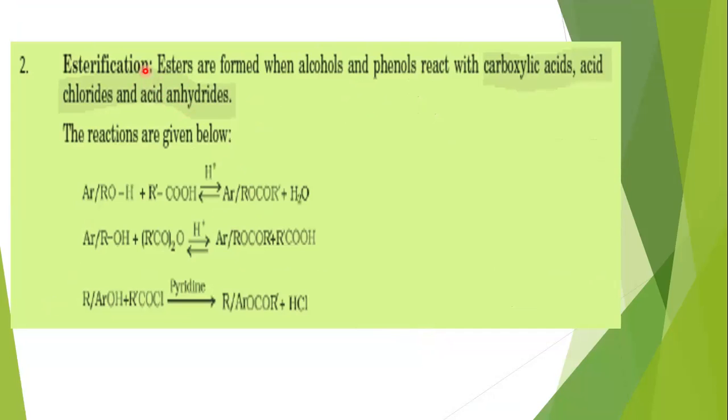Esterification. Esters are formed when alcohols and phenol react with carboxylic acids, acid chlorides, and acid anhydrides. The reactions are given below. So here, simply general reactions of alcohol or phenols are mentioned. AROH or ROH, that is phenol or alcohol.